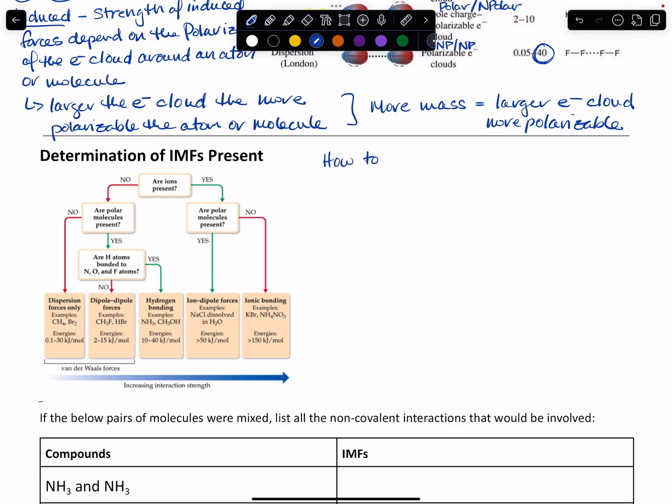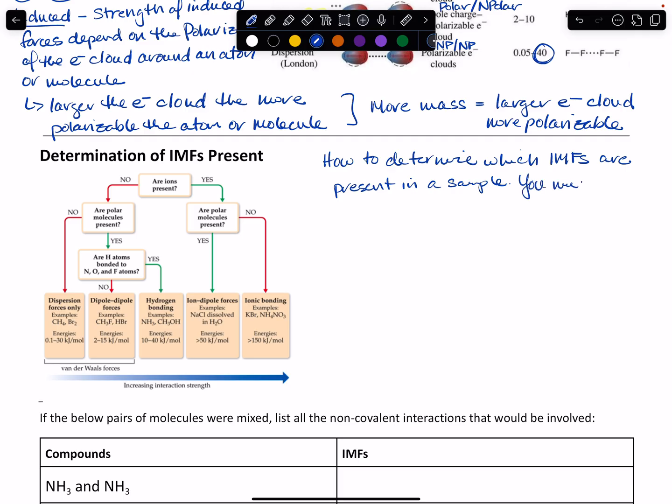It's how to determine which IMFs are present in a sample. Again, what I said above holds true.